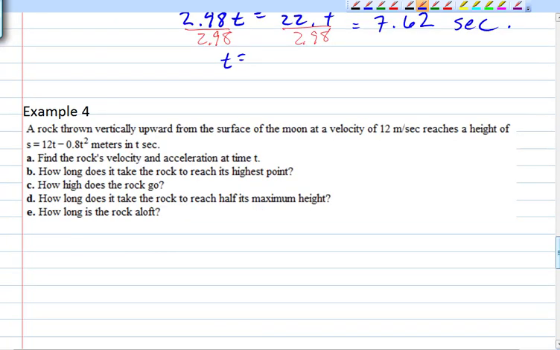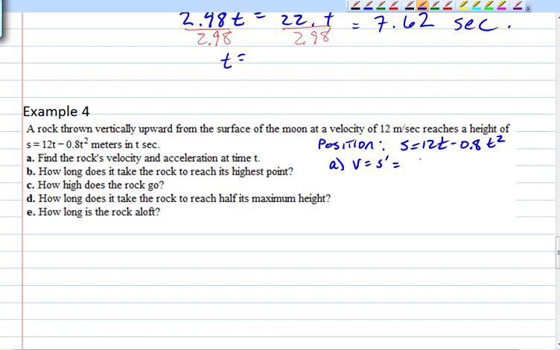All right, example 4. It says a rock thrown vertically upward from the surface of the moon at a velocity of 12 meters per second reaches a height of this. That's our position function. So our position function is s equals 12t minus 0.8 t squared. Part A says find the rock's velocity and acceleration at time t. If this is the position, how do we find the velocity?